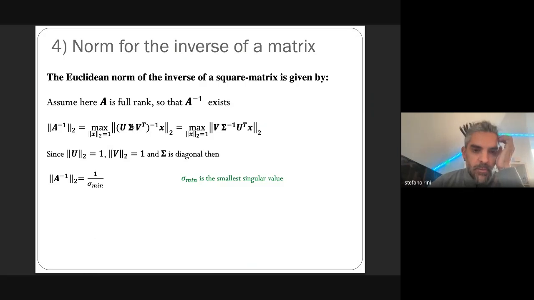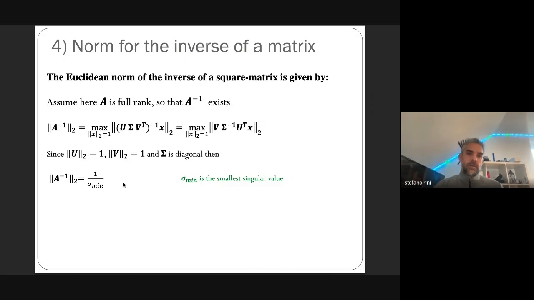The only thing we have to worry about is determining the inverse of a diagonal matrix, which is obtained by inverting each of the elements of the diagonal. And so here we obtain that the norm of the inverse in the Euclidean norm is the inverse of the smallest singular value.